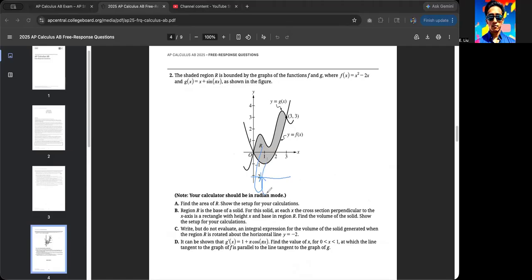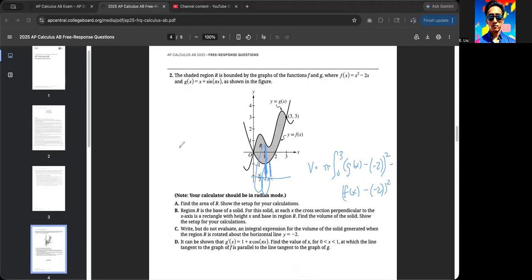That does create a larger equation, but your volume should be pi times the same function, g of x minus the -2, that whole function squared, minus f of x minus that -2, that part squared as well.